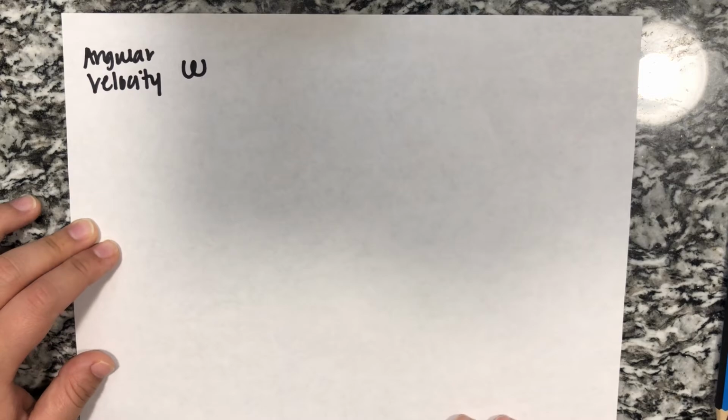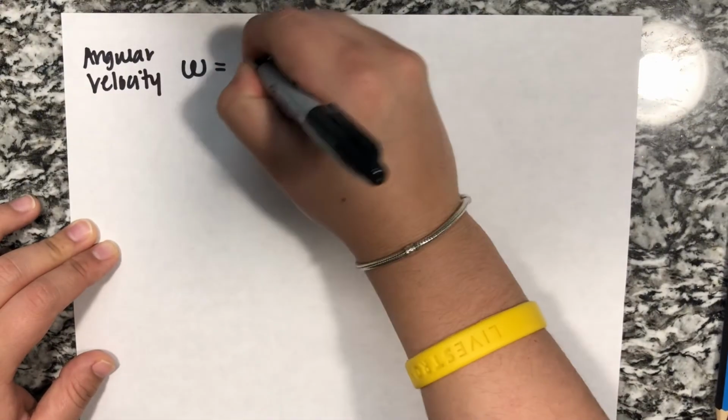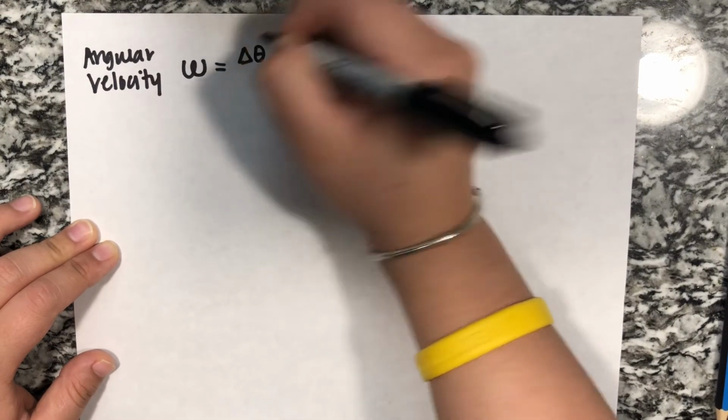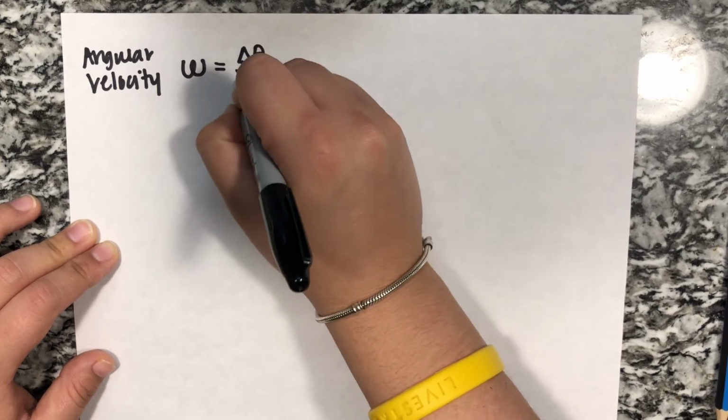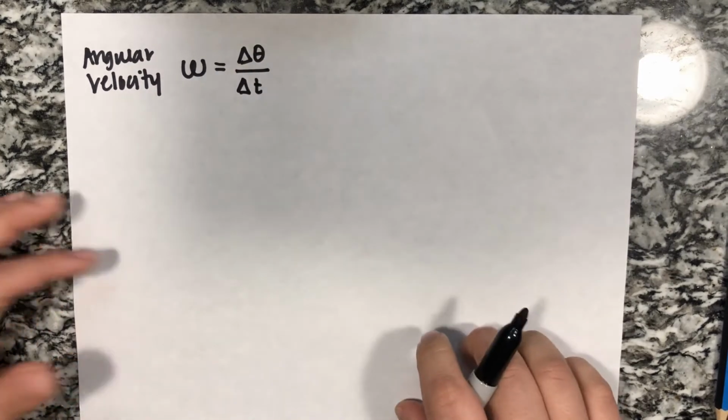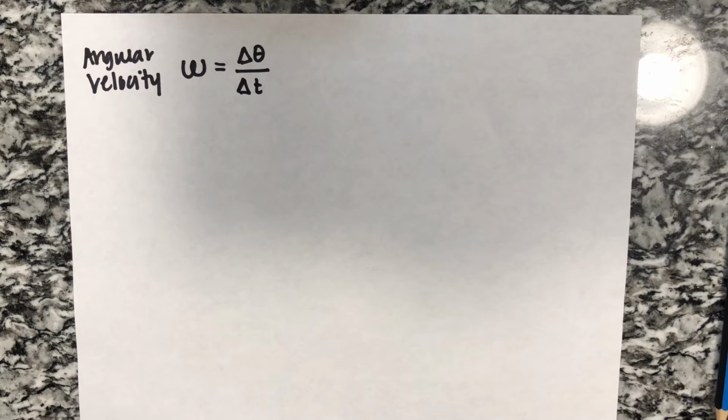And I also told you guys that omega is the same thing as the change in the angular position over the change in time, which pretty much you guys could have come up with on your own just by knowing that regular velocity is equal to change in displacement over change in time. Angular velocity is change in angular displacement over change in time. So it's pretty much the same thing.